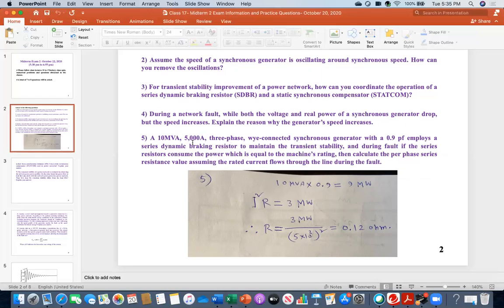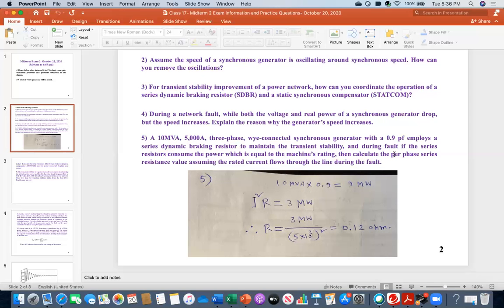So everybody see, this 5000 ampere is the rated current for this generator. But of course, this is the line current. But because this is Y connected, the line current and phase current are the same. So this means in all of the three phases, this current is flowing.